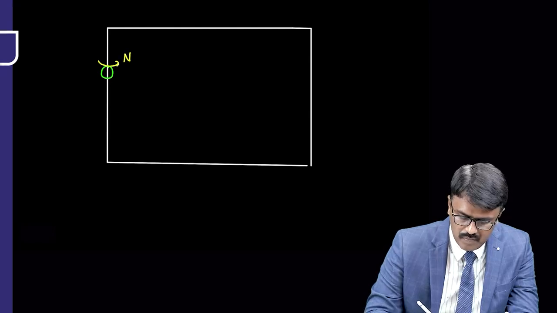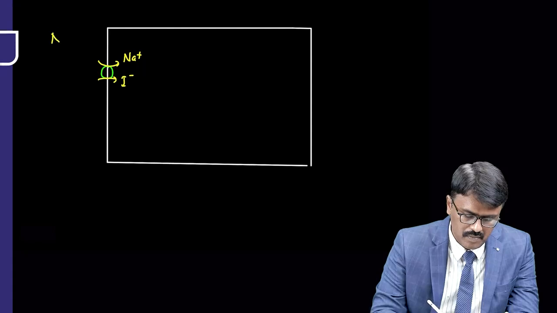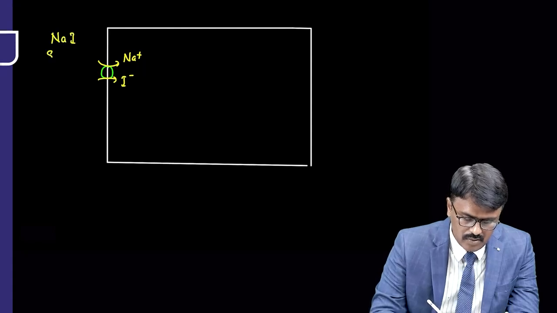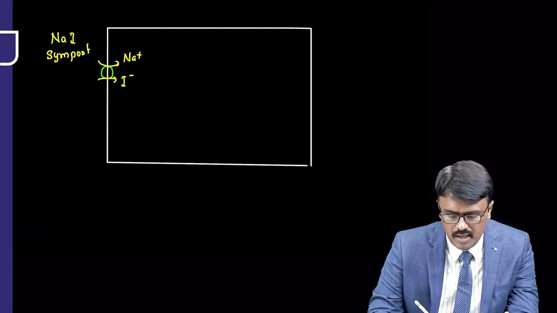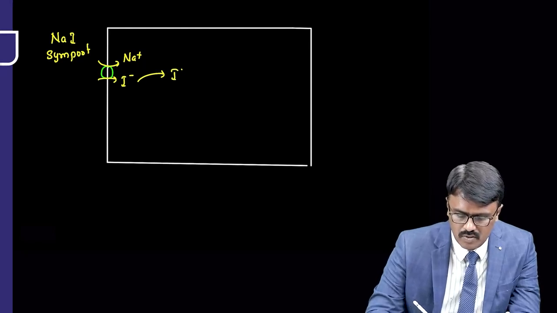Now, what happens initially? There is entry of sodium along with iodide, so we call it the sodium iodide symport. When the iodine enters inside, iodide is converted into iodinium, and that process is called oxidation.